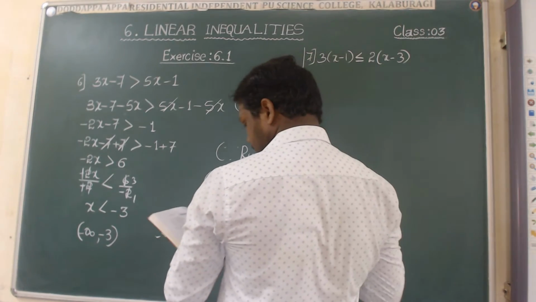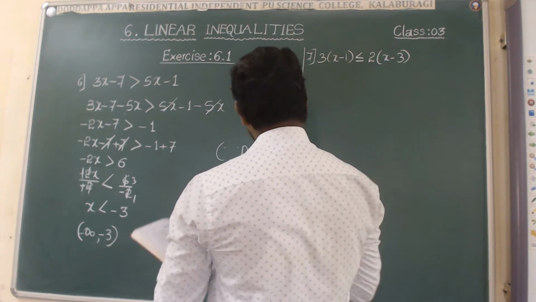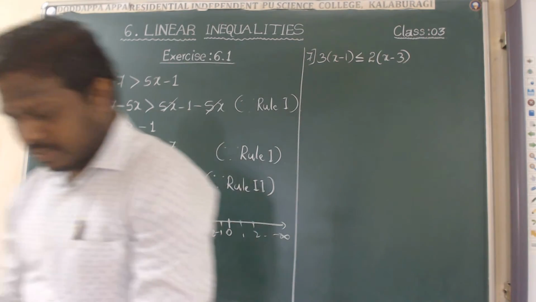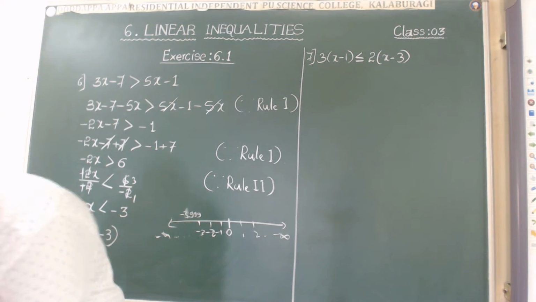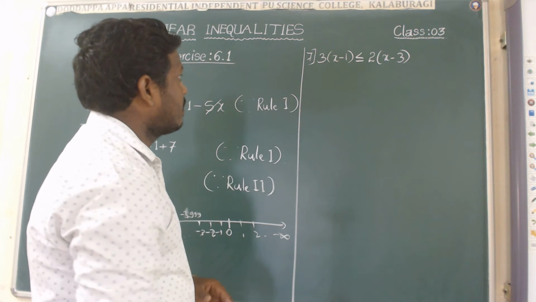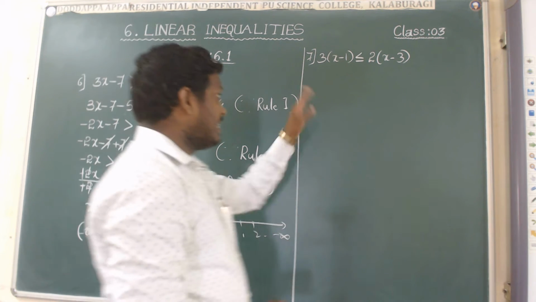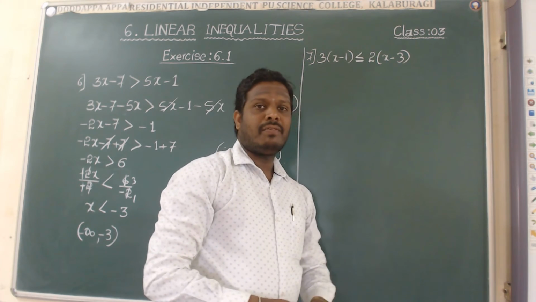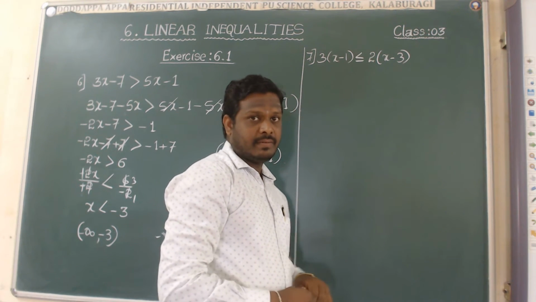Yes, okay, this is the given question. We have to simplify the 7th one: 3(x - 1) ≤ 2(x - 3).